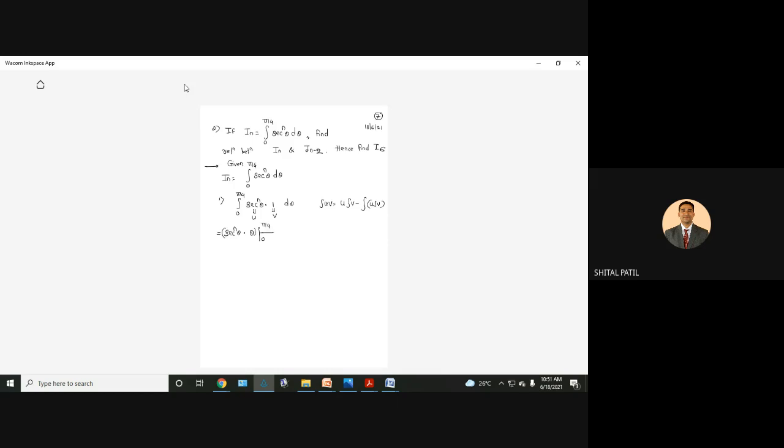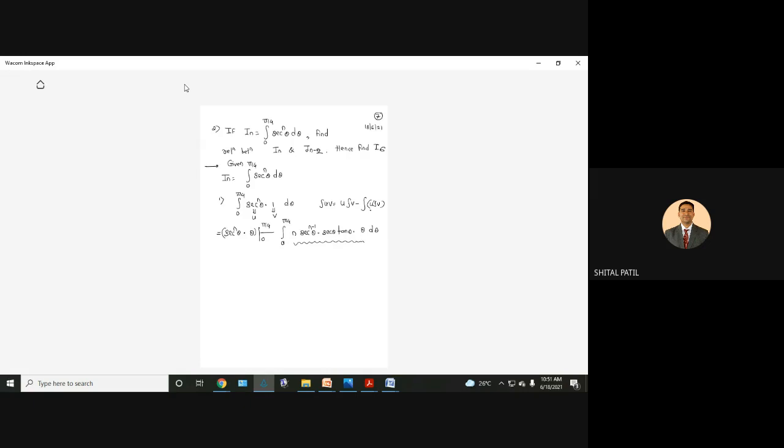Next is minus sign, 0 to pi by 4, right? U dash, the derivative of sec raised to n theta, into, what is the derivative of sec raised to n minus 1, sorry. What is the derivative of sec theta? Sec theta tan theta into integration of 1, that is theta d theta. But see, in this way, see what we are getting.